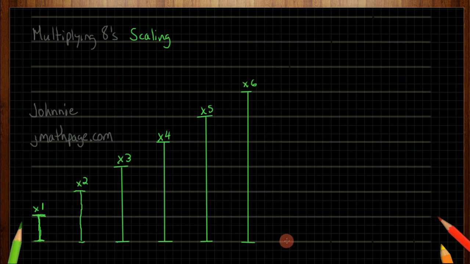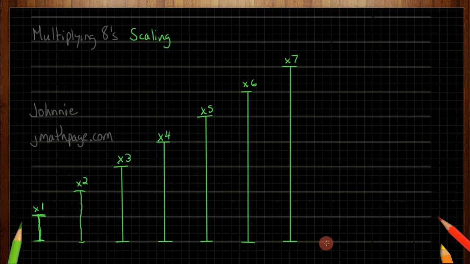And the next one will have to be 7 times the measure, right? Let's build it. 1 measure, 2 measures, 3 measures, 4 measures, 5 measures, 6 measures, 7 measures tall. And it's 7 times the height of the first measure.